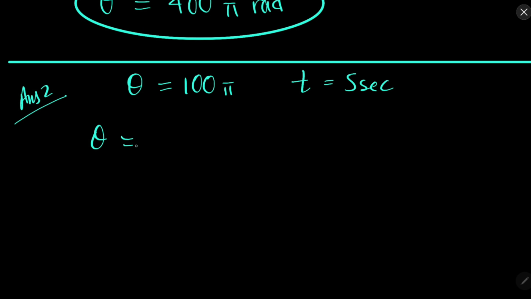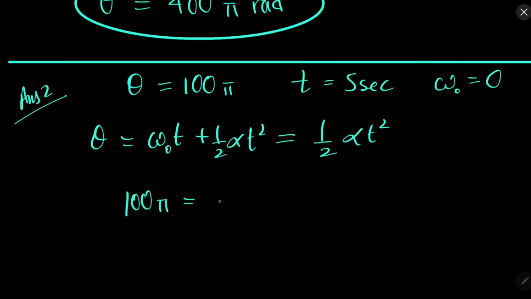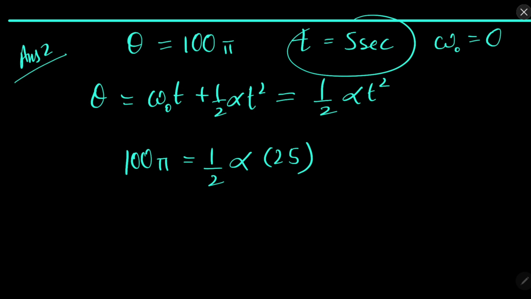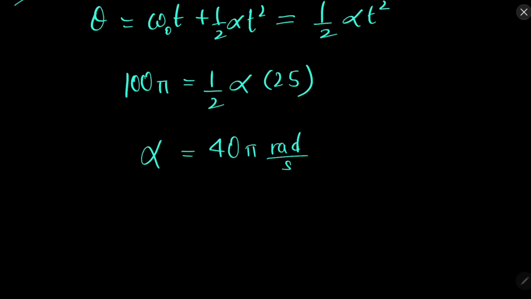Now we know that theta will be omega naught t, by the way initial angular velocity is 0, plus half alpha t square. So this is 0, so this will be half alpha t square only. So 100 pi equal to half alpha into 5 square is 25. So alpha will come out to be 40 pi radian per second.